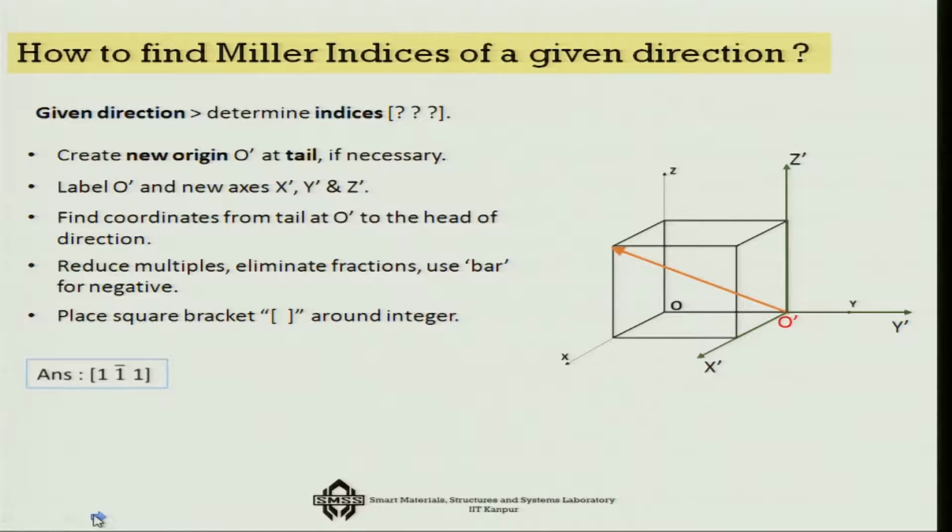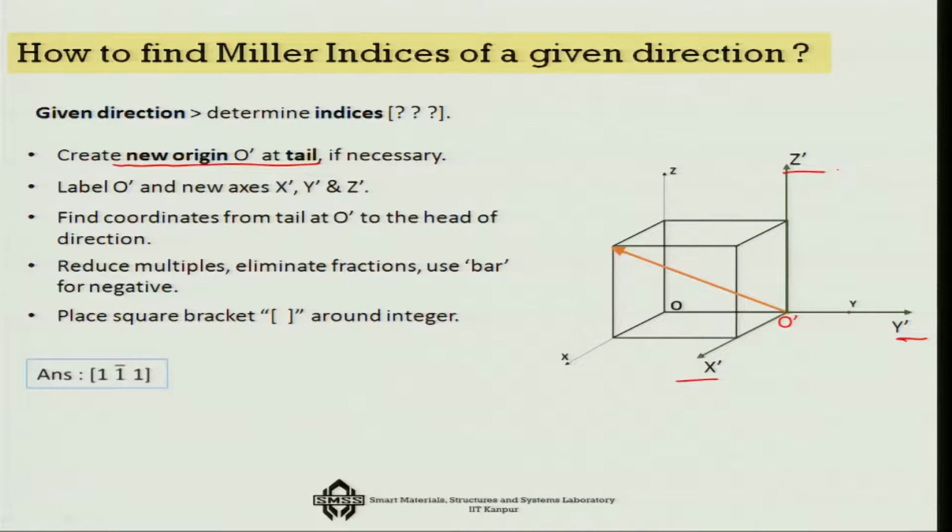Now, how to find Miller indices of a given direction? So far we have discussed the plane. For the direction, how do we do it? That is very simple. Given a direction, first create a new origin O prime at the tail, label O prime, and draw new axes x prime, y prime, z prime.